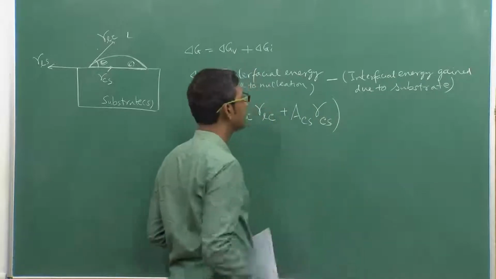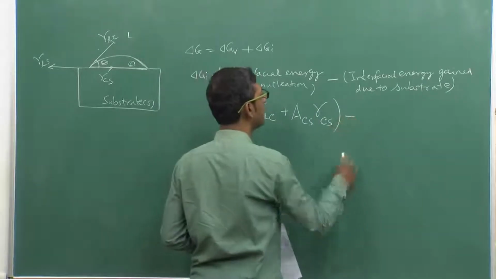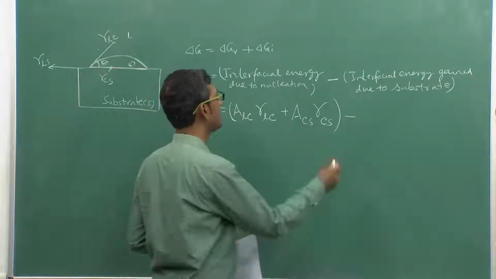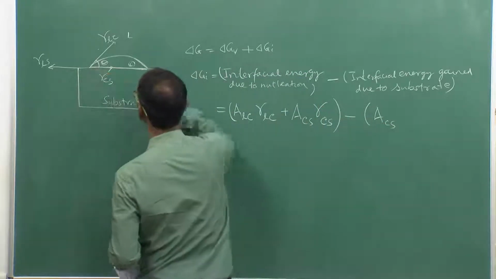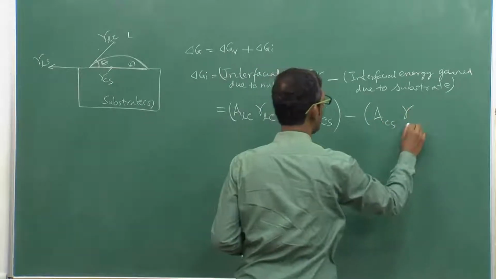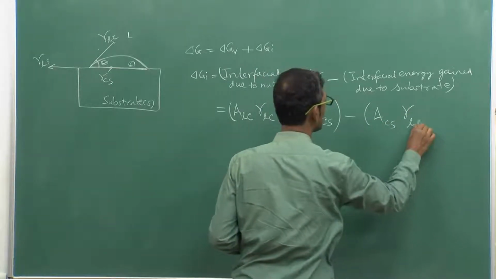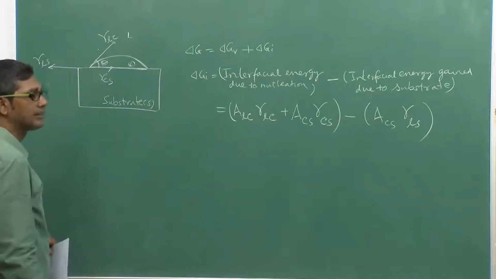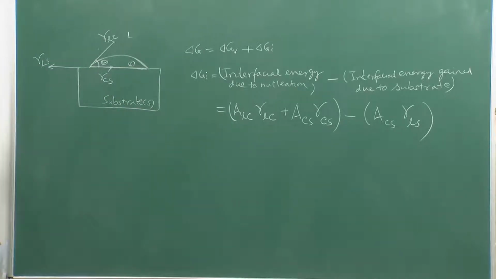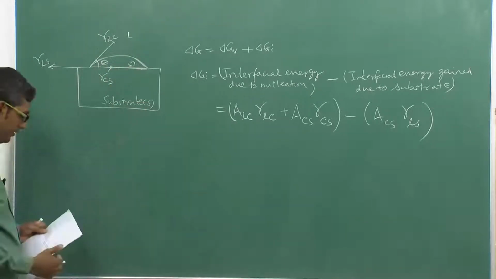That's the energy because of nucleation, minus the gain energy, again A_CS, the surface area remains the same, multiplied by gamma substrate-liquid. Okay, am I clear? That's the actual energy balance because of the nucleation of this new phase on the substrate.